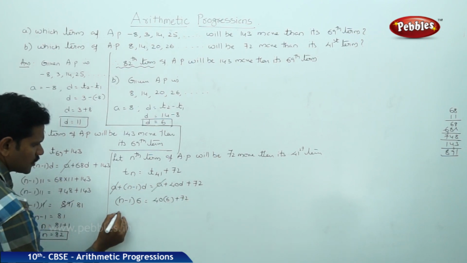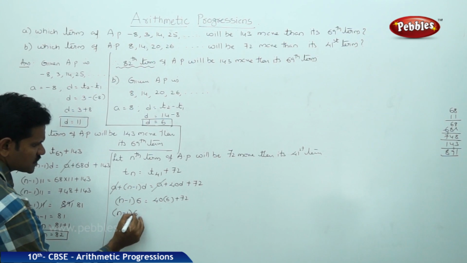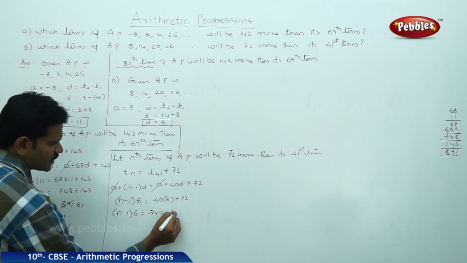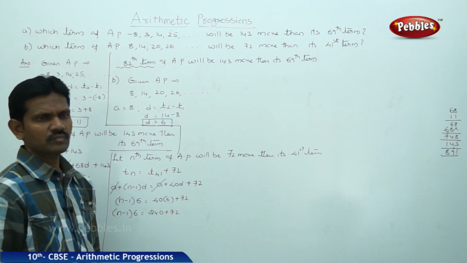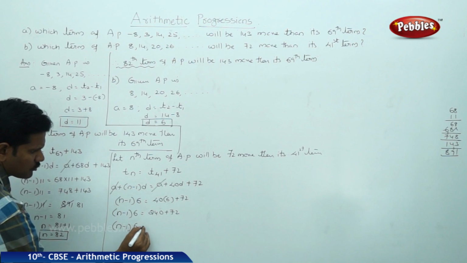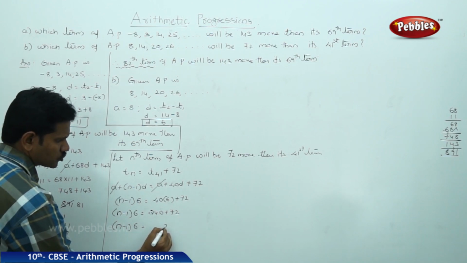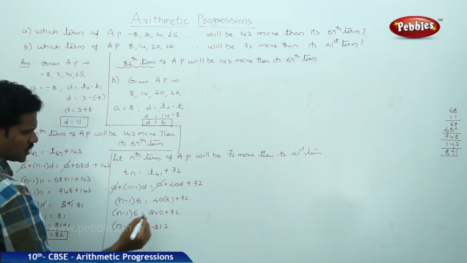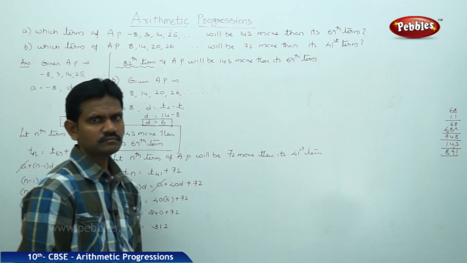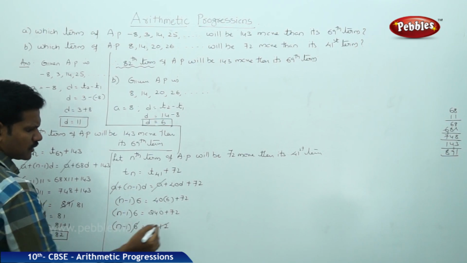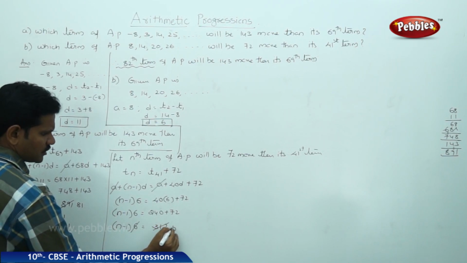That is, n minus 1 into 6 is equal to 240 plus 72. That is, n minus 1 into 6 is equal to 312. That is, 6 table 312. That is 6 5s are 30.